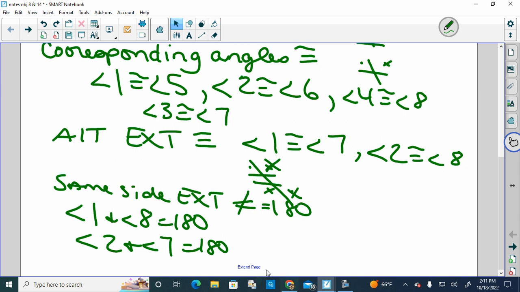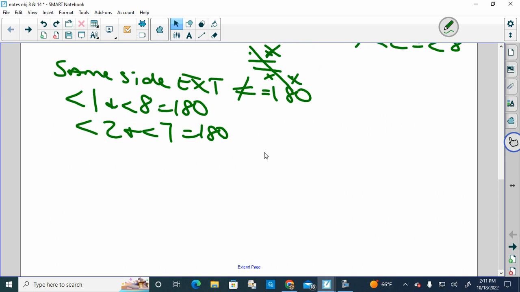Now we're going to do the same thing. We're going to have alternate interior and same side interior. And then we're going to talk about vertical angles, which we already know. So we're going to look at alternate interior. If you look at your drawing, alternate interior ones, do they look like they're the same angle measurement?